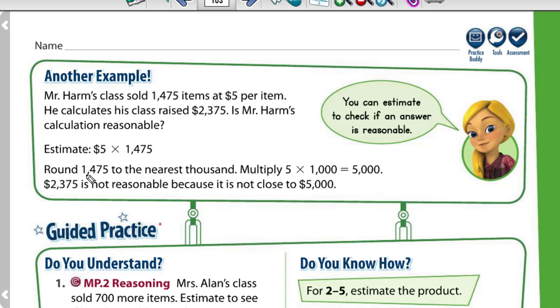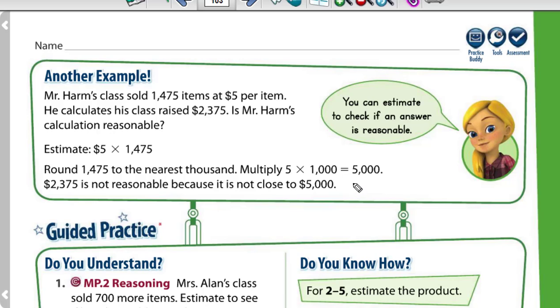So it's 1, and to the right we have 4, and as you know, 4 is not strong, so the 1 will be 1, not 2. So 1,000. And now 5 times 1,000 is 5,000.